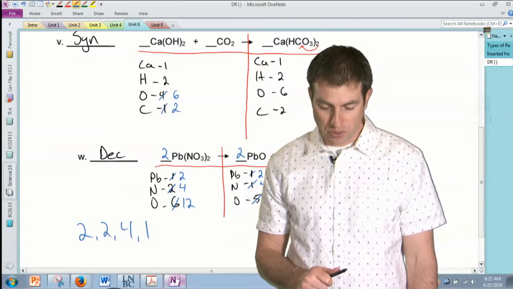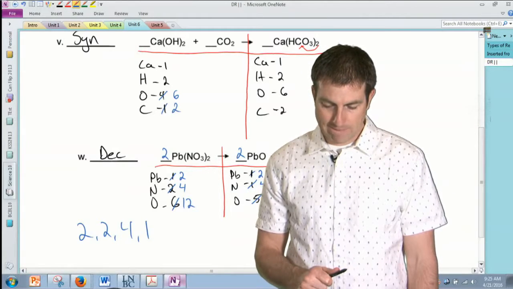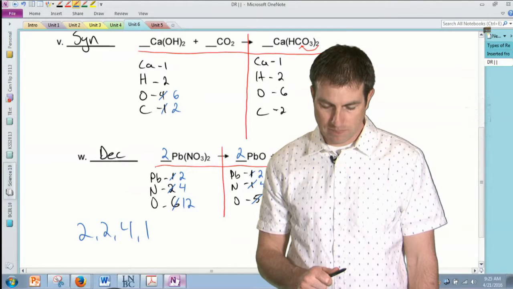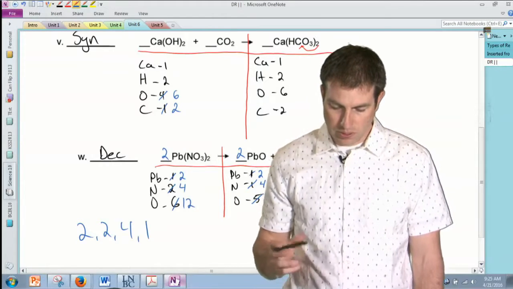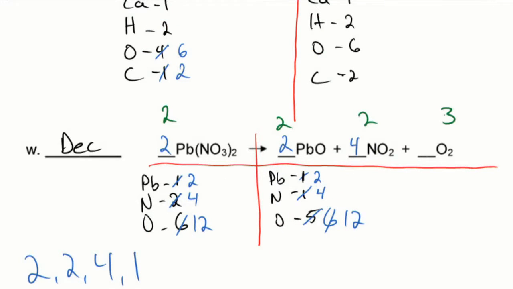It says 2, 2, 2, 3. Okay, so the answer in the back says 2, 2, 2, 3. Is there going to be a problem with that? 2 times 2 is 4. Yeah, our nitrogens won't balance with 2, 2, 2, 3, because you'd have 4 nitrogens here, and you'd only end up with 2 nitrogens here. So that can't work.